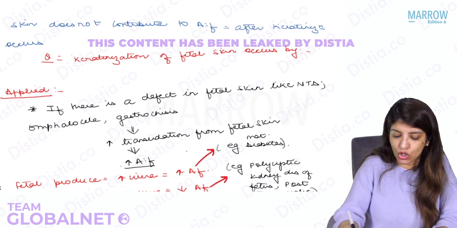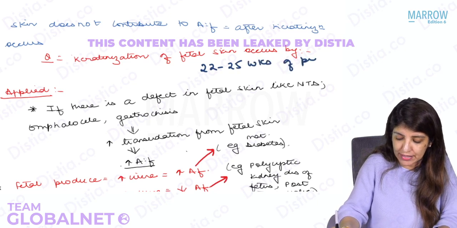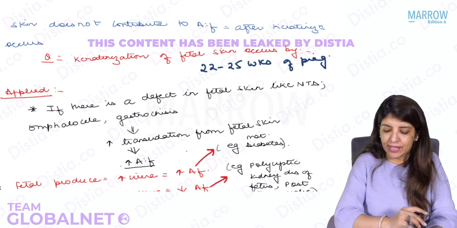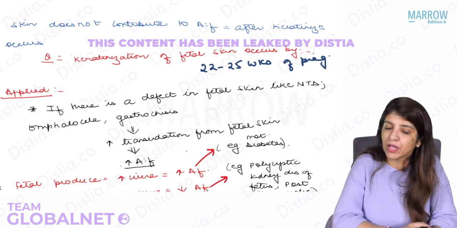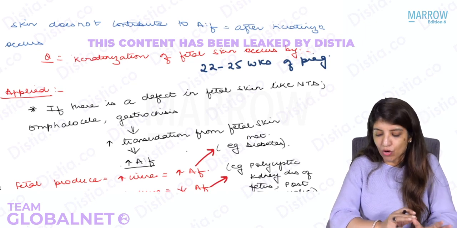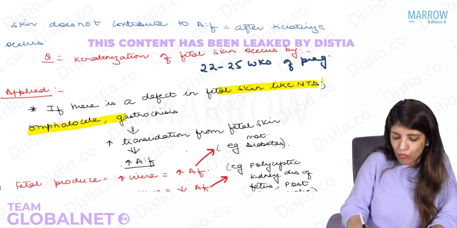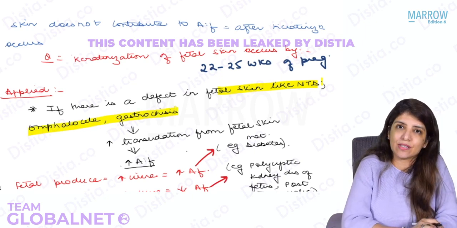Exactly, keratinization of fetal skin occurs by 22 to 25 weeks of pregnancy. That's exactly when keratinization is going to happen. Now, suppose there is a defect in fetal skin, for example, there is a neural tube defect or there is omphalocele and gastroschisis.